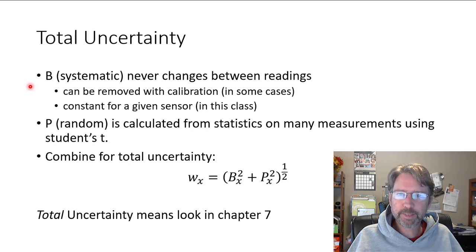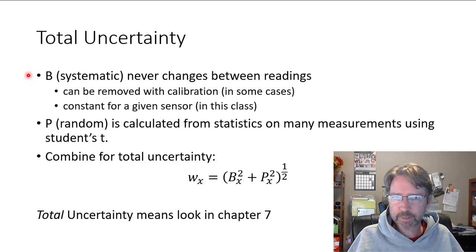If we combine the systematic and the random error together, we get what we're calling now total uncertainty. In this class, if you see a problem using that particular term, total uncertainty, that means use the examples in Chapter 7 to solve this problem. So that's a tell for something like a final exam.